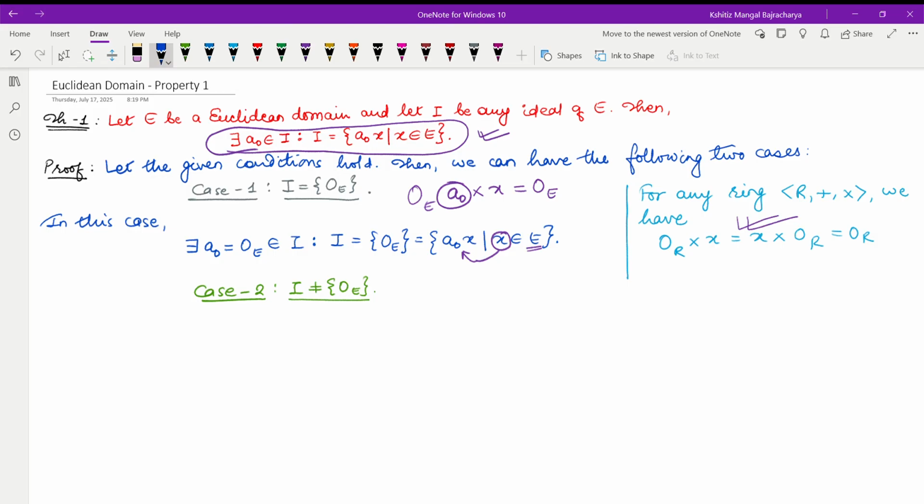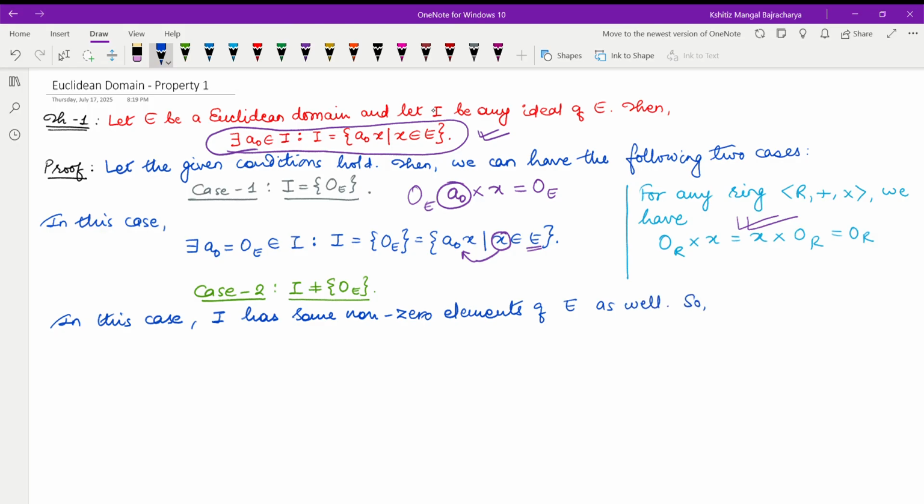Therefore I has some non-zero elements of E as well.